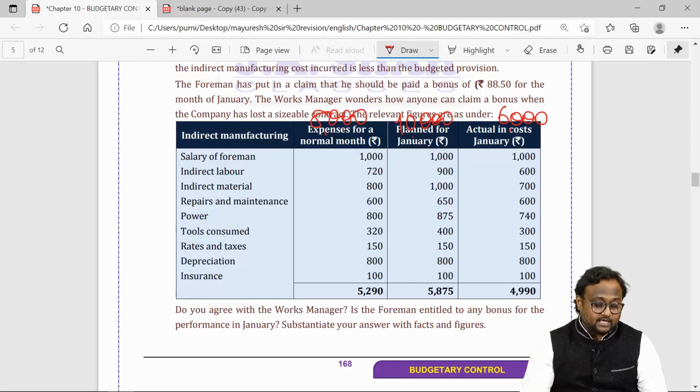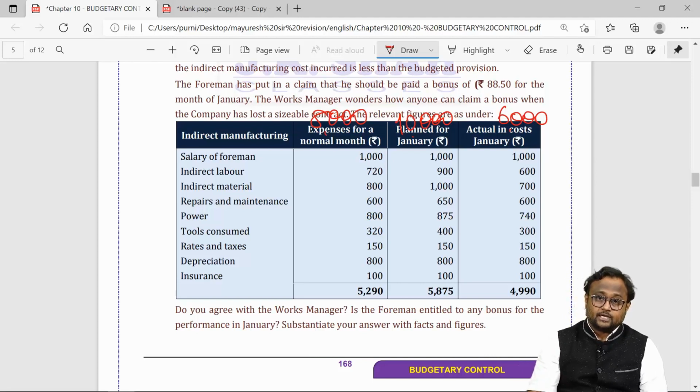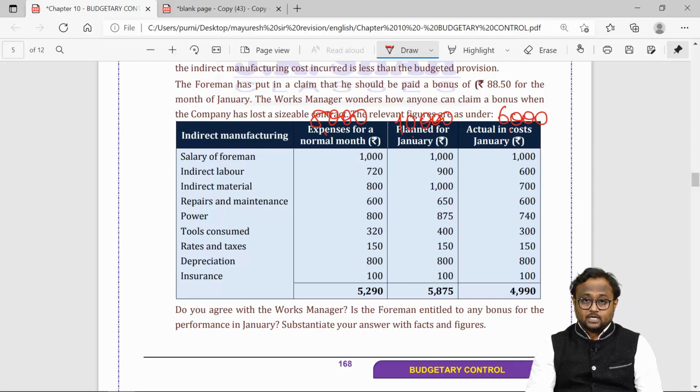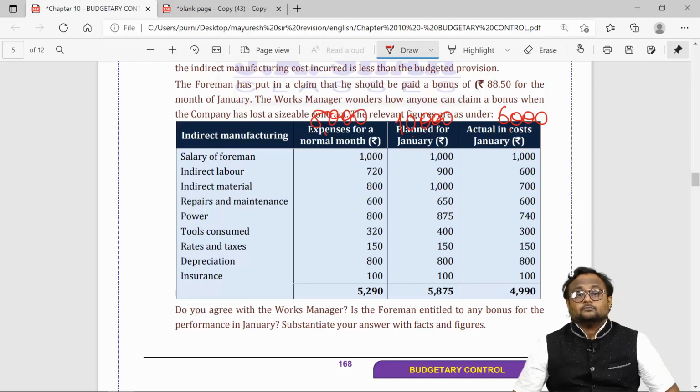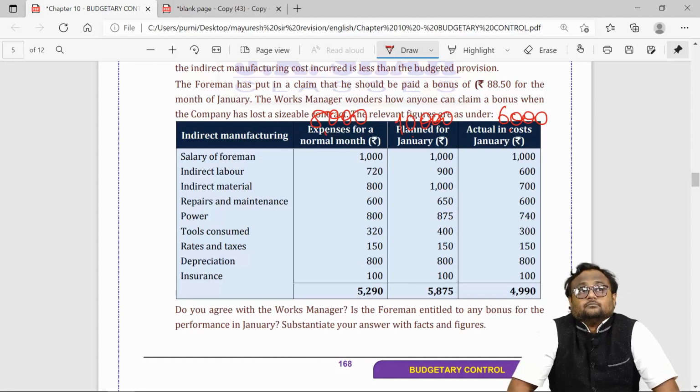So if my actual data is given for 6,000 units, I want my budgeted data also at 6,000 units level. My actual data should also be at 6,000 units level. Why? Then only the real comparison will take place.